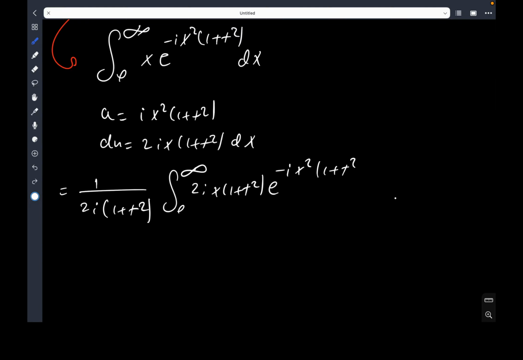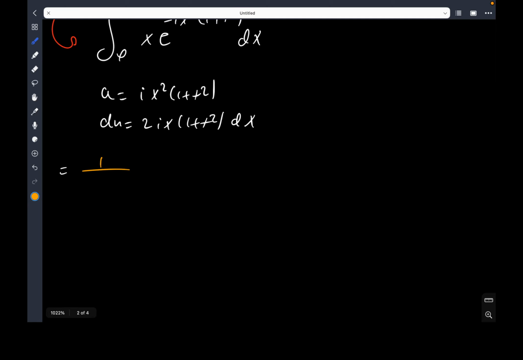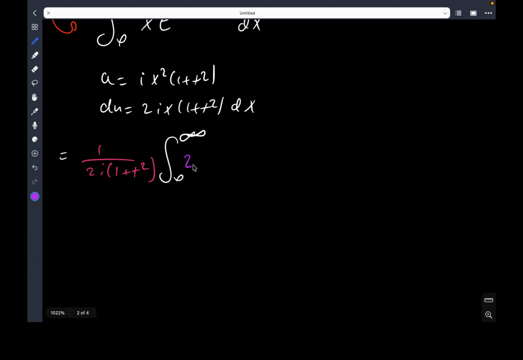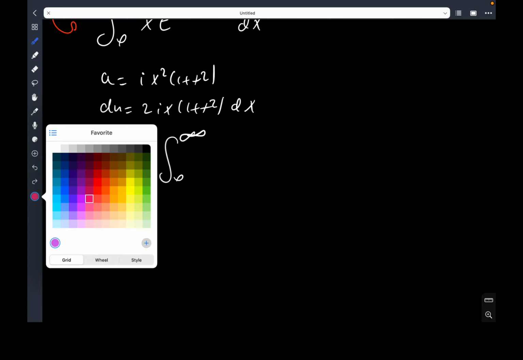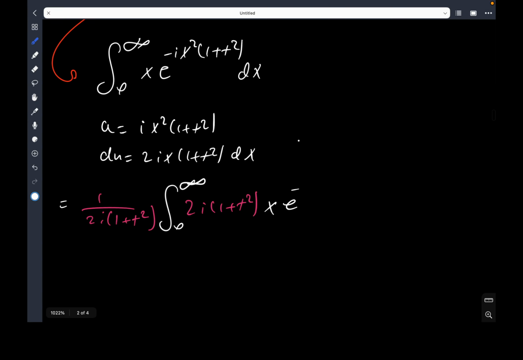So let me show you the parameters that I multiplied and divided by in another color. 1 over 2i times (1 plus t squared), and then our integral: 2i (1 plus t squared), and then our x e to the negative ix squared (1 plus t squared) dx.